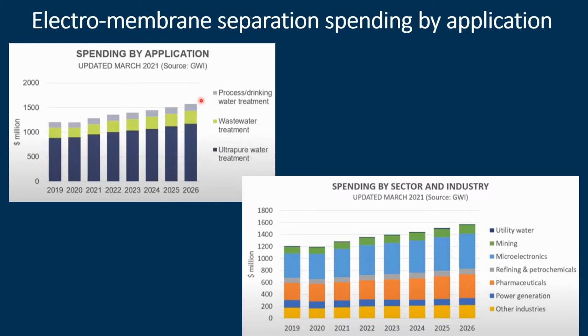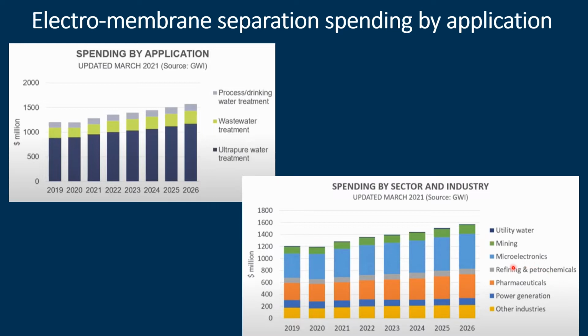So more specifically, which industrial area can be applied? You can see microelectronics has the highest spending on these electro-membrane processes, followed by pharmaceuticals, which are high-value materials.